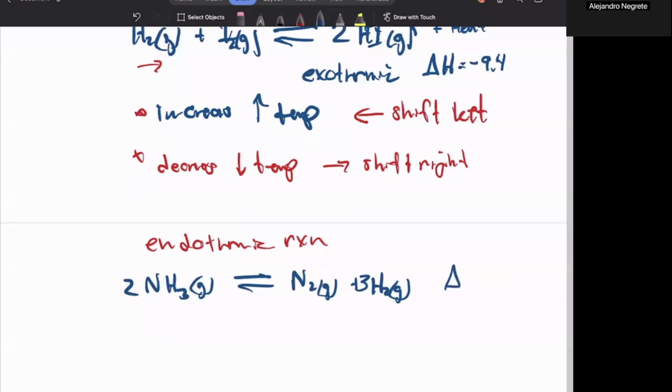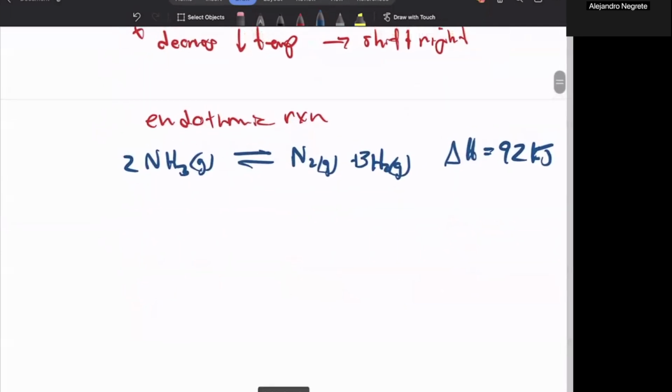So endothermic reaction, the enthalpy change in here is going to be 92 kilojoules versus the 9.4 kilojoules that we saw above. Endothermic reaction means that heat is required for this reaction, right? So if we're going to be requiring some heat in here, we're going to be adding more heat here than here in an endothermic reaction.